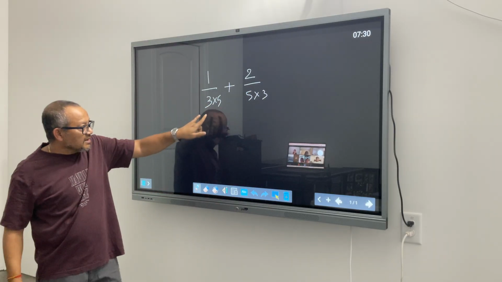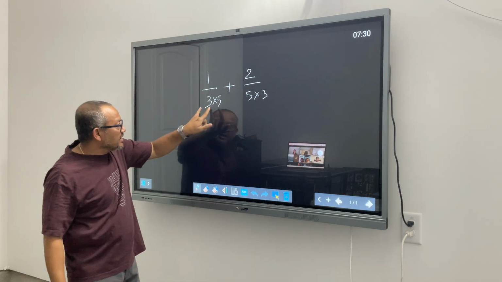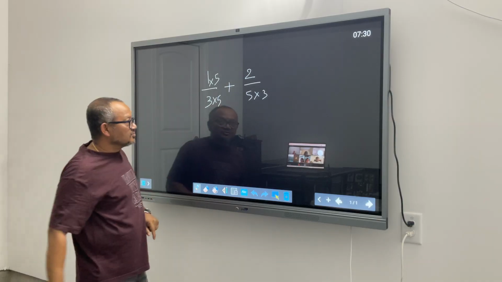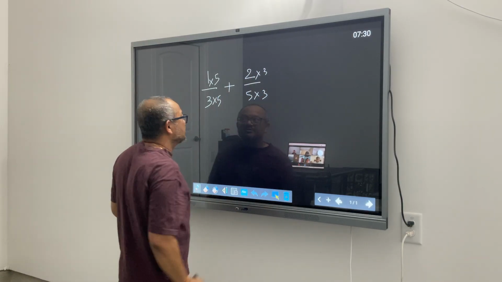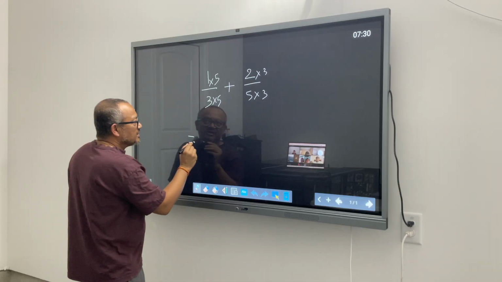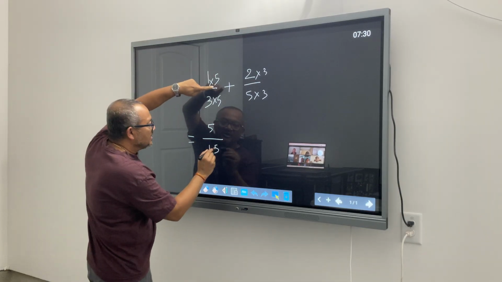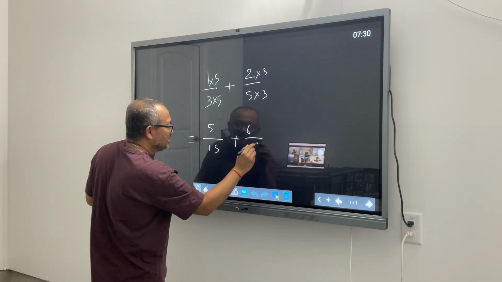So this will become 15 and this will also become 15. If I am multiplying by 5 here, I have to multiply by 5 here also. If I am multiplying by 3 here, I have to multiply by 3 here also. So this became 5 by 15 plus 2 times 3 is 6 by 15.